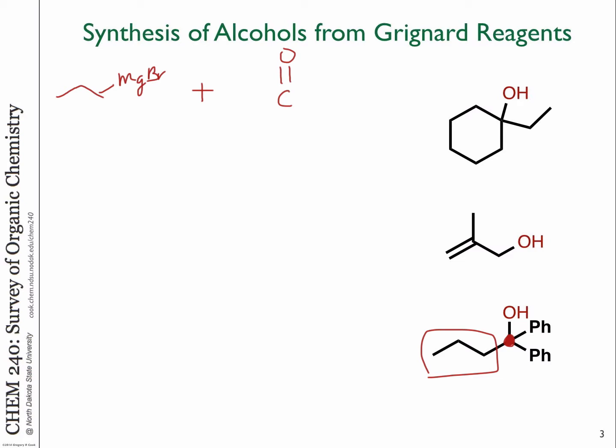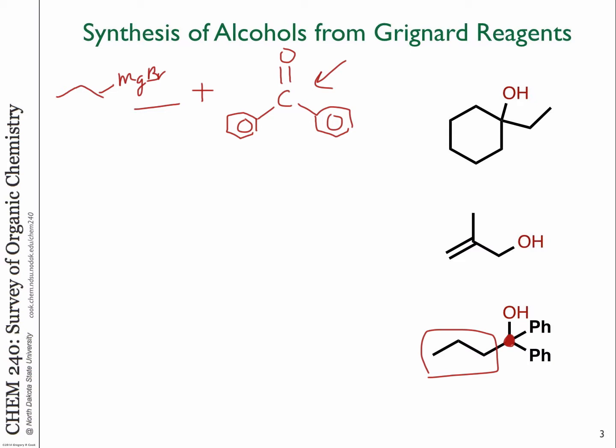What else is attached? The benzene rings, the 2 phenyl groups. Looks like that, by the way. The 2 benzene rings. So that would work. That would work just fine. We take this ketone and react it with that Grignard reagent, and we will get that product.